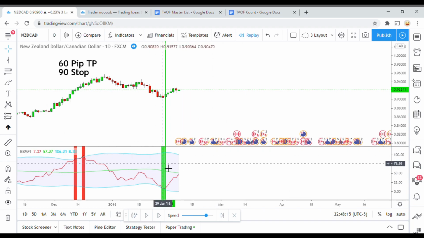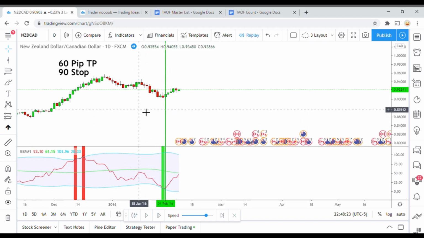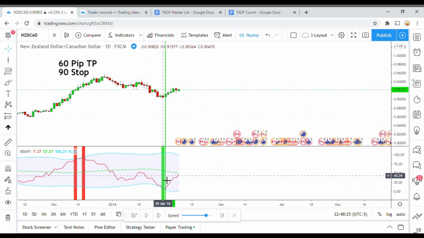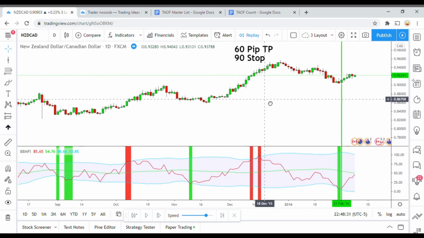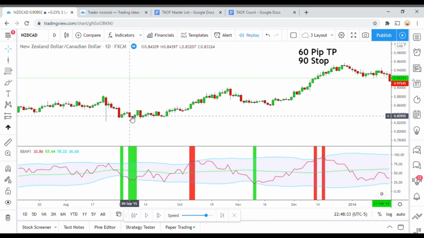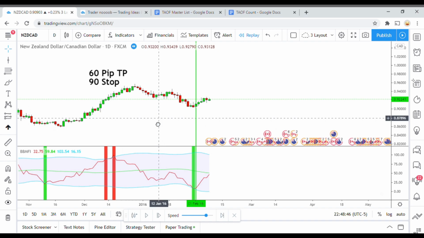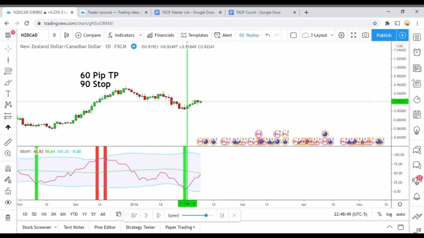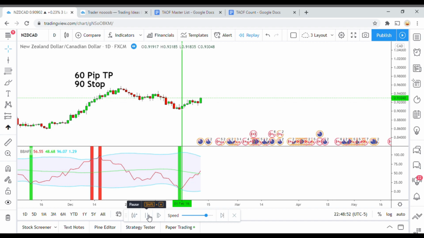Again, the problem with the coloration in the background is that an indicator can stay in an overbought or oversold state for quite some time. And if we take the signal, so go back, for example, here, if we take the signal when the coloration first appears, that may be rather premature because the indicator may stay in an overbought or oversold position for a number of candles afterwards.